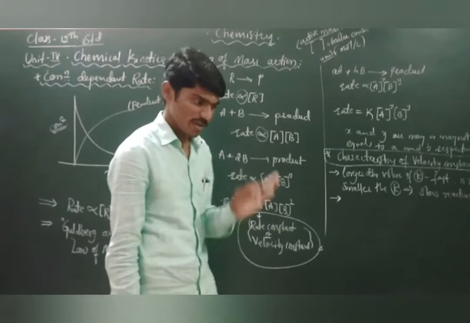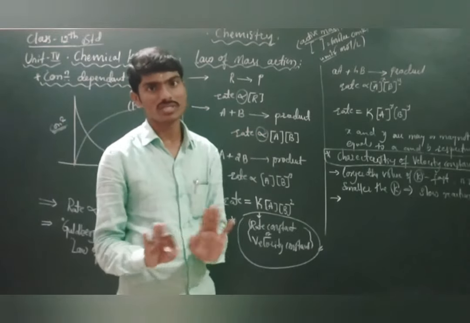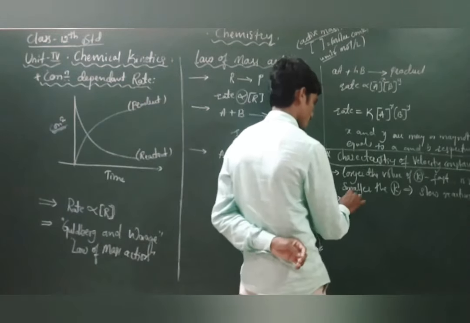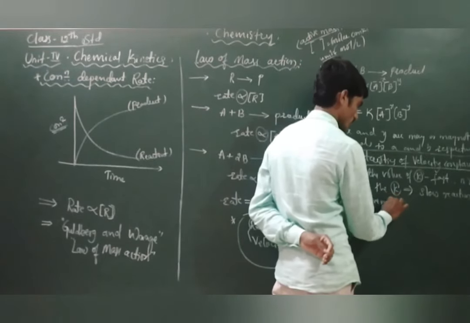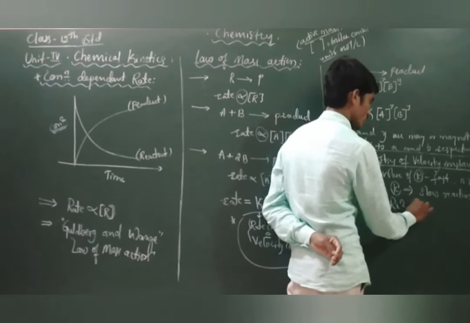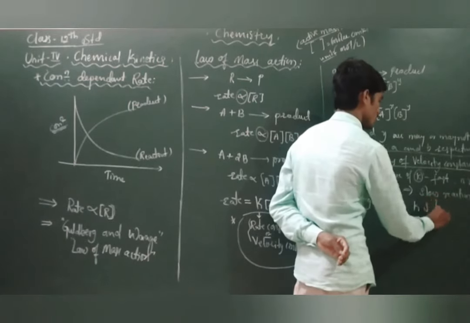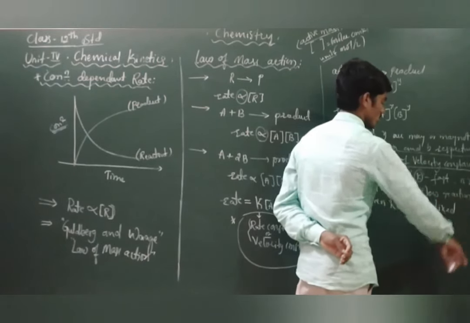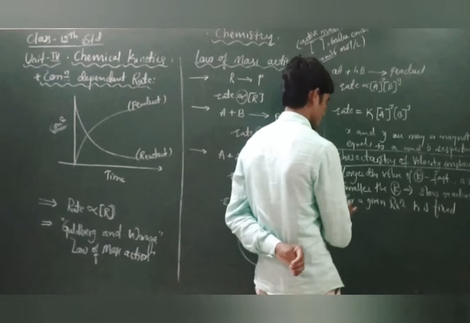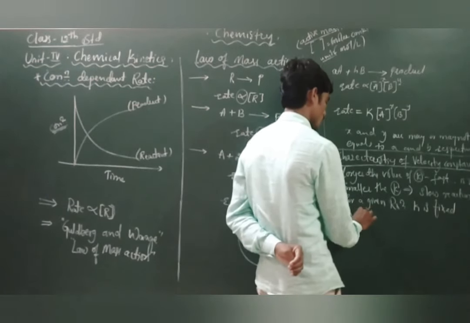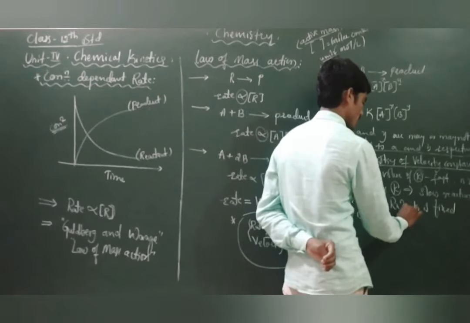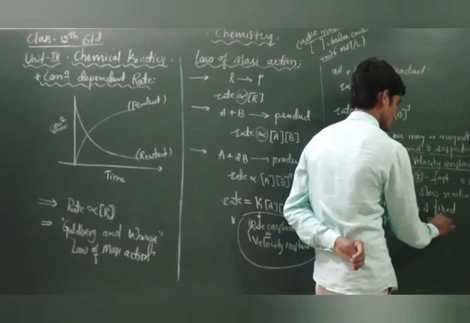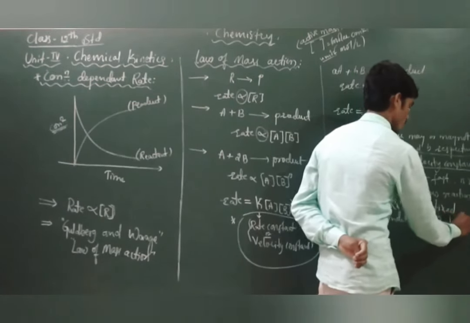Next, for a given reaction, K value is constant. For a given reaction, K value is fixed. And this K value is independent of initial concentration.